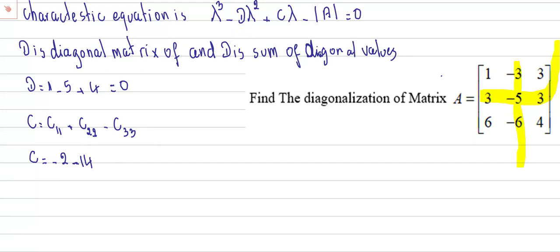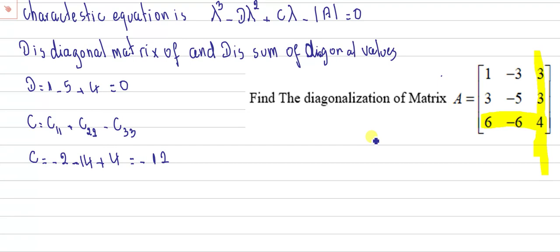And next C33, omit this one. So we got 5 plus 9, which is 4, so it's plus 4. It's equal to minus 12. This one, C equals minus 12.